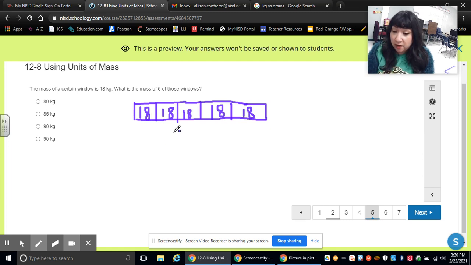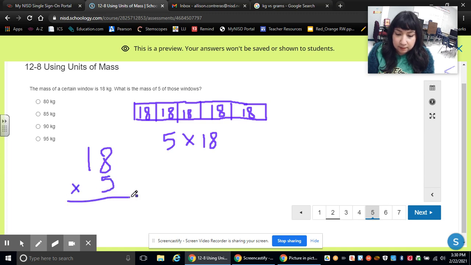So we have 5 groups of 18. Solve that and select your answer. Of course, you will set it up vertically like this. Pause, calculate, and select.